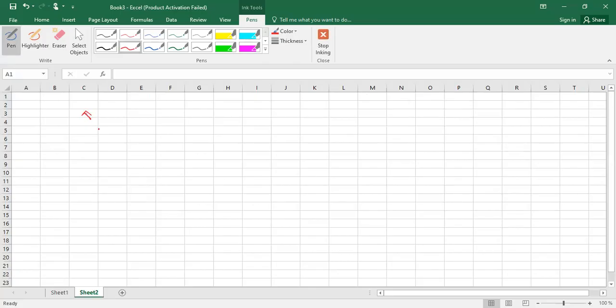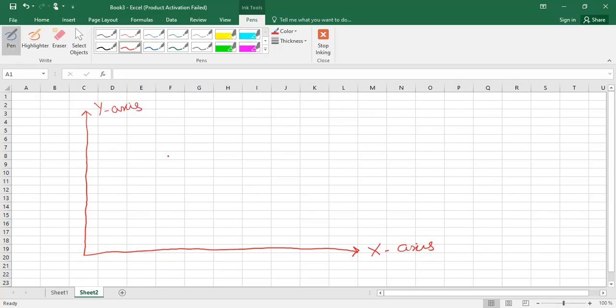Whenever we are drawing a graph, we have two axes. One is called the y-axis. I will try to draw a straight line. The other one is called the x-axis. I am sure that you have seen CVP analysis videos and done the questions; there we have a graph as well.